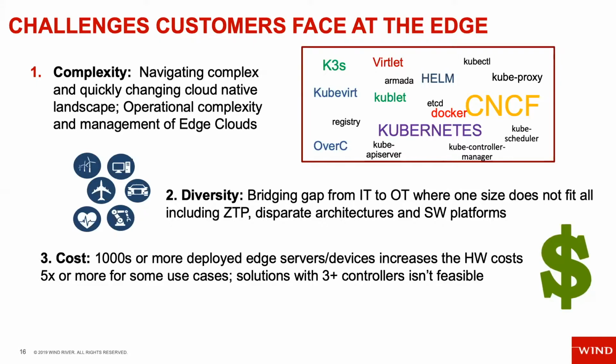And also from an OpEx perspective, if you can move applications to the edge and then implement low touch or zero touch provisioning, then you reduce your OpEx costs because you don't have to send maintenance out to the locations, and you lower those costs.